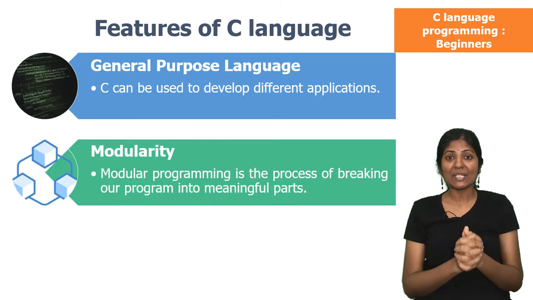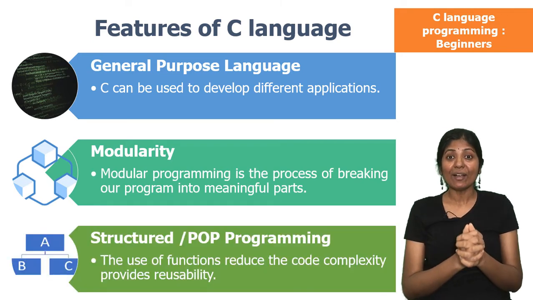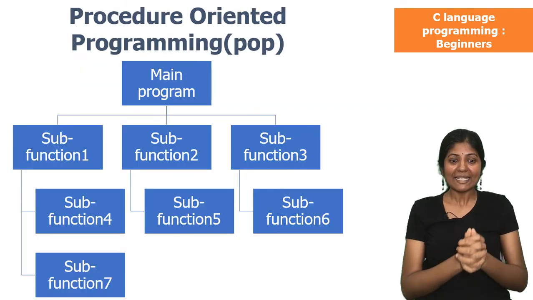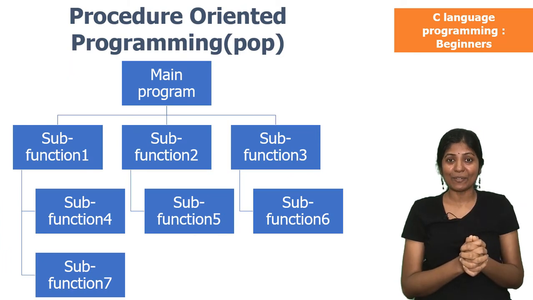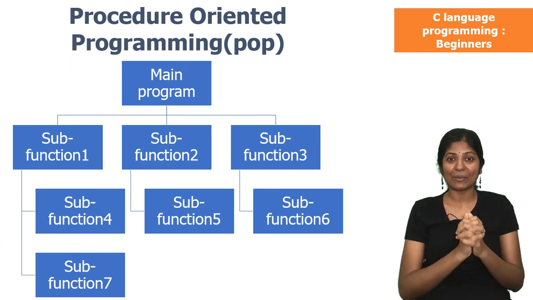The next feature of C programming is structured or POP programming. POP stands for Procedure Oriented Programming. First, we will see the architecture of Procedure Oriented Programming. Then we will understand about it. This is the architecture of Procedure Oriented Programming.